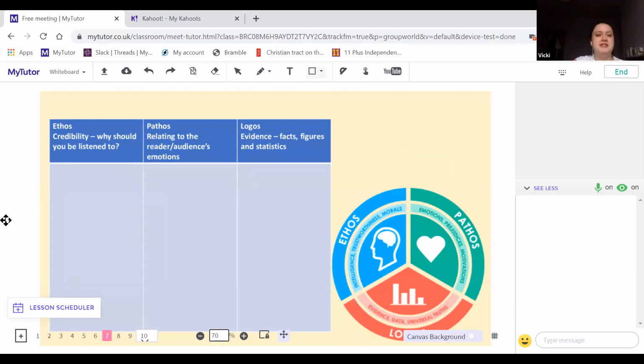So ethos then. Ethos is all about credibility. So why should you be listened to? In terms of credibility with homework, obviously you guys are students, so you're going to be writing as a student. So you can write about personal experiences here.